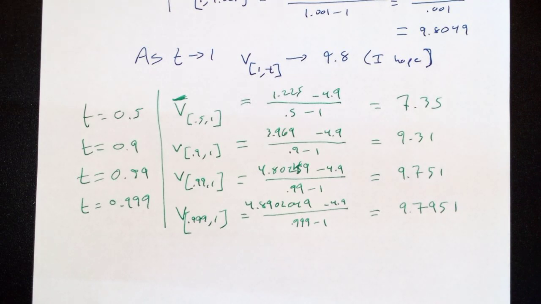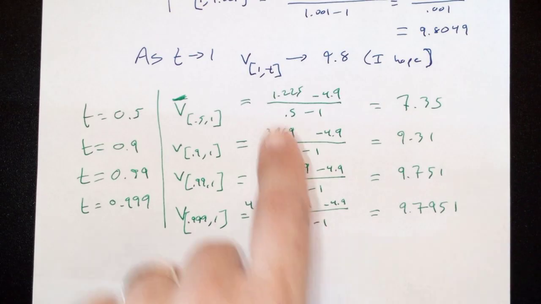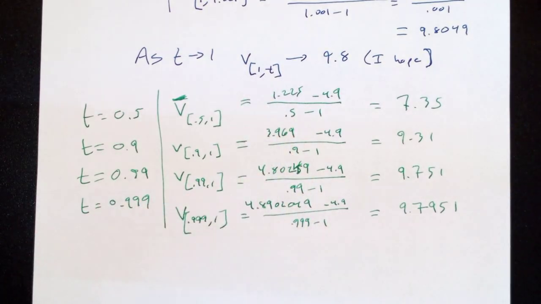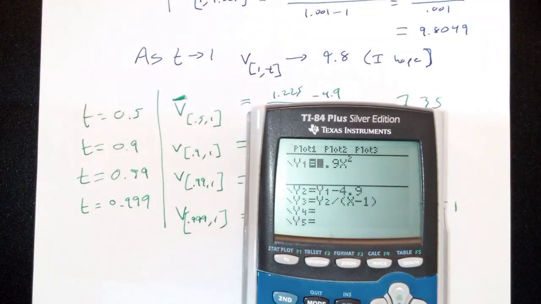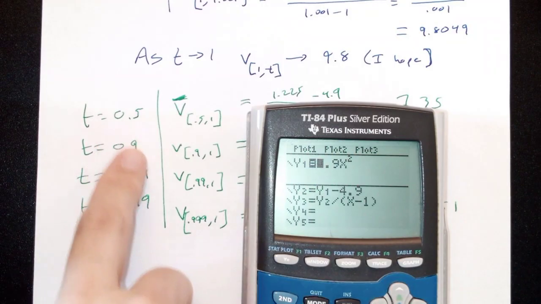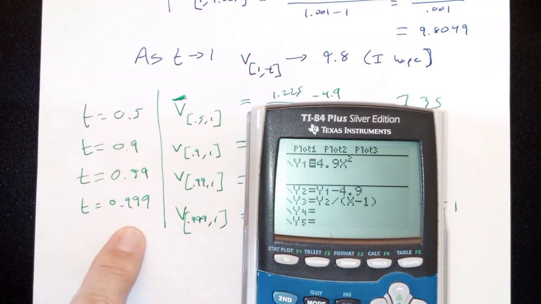How am I getting these numbers? Okay. I'm going to take the equation 4.9x squared with the calculator, and all I'm going to do is plug these numbers in and read off the y values that go with it.